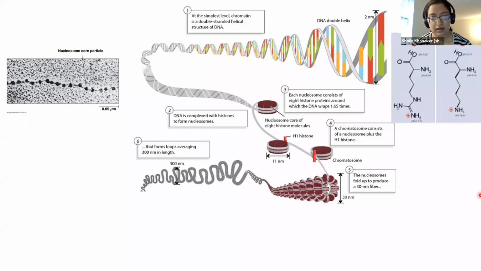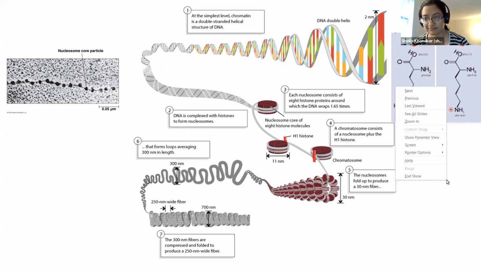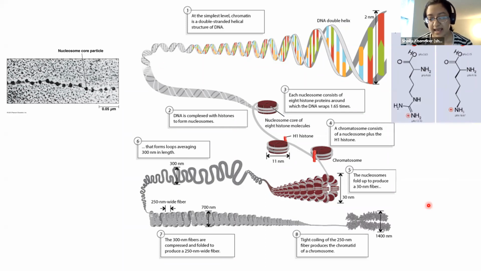This forms loops that average about 300 nanometers in length, which are then compressed and folded to produce a fiber that's approximately 250 nanometers wide. Coiling of this fiber results in the chromatid structure that we're familiar with.